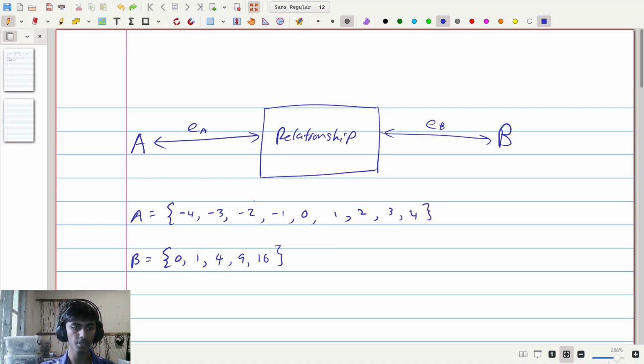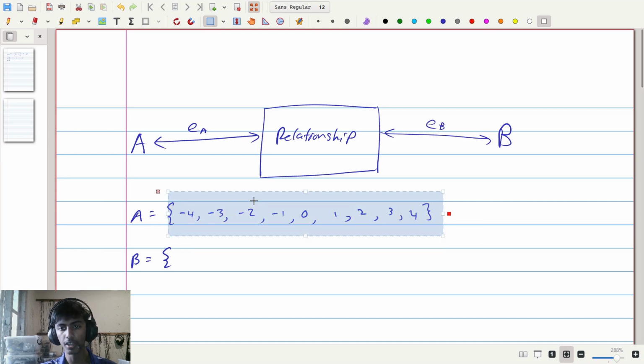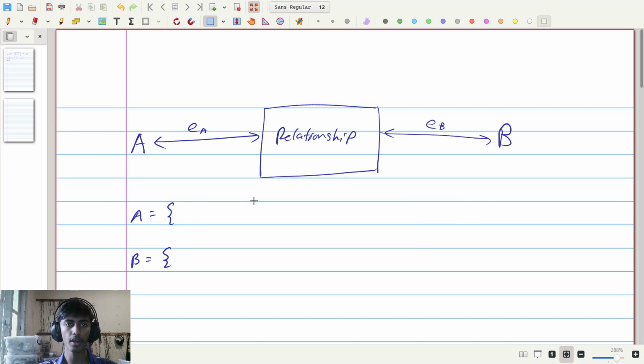Furthermore, let's erase this and consider another one. Let's erase both to make it very easy to understand. I want to give an example where multiple elements of A map to multiple elements of B. So let's do that with this.